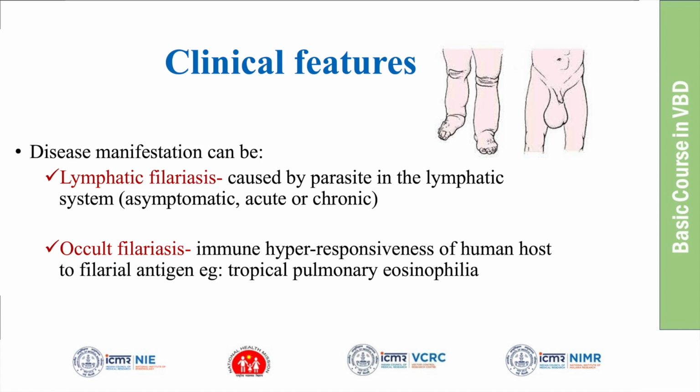Because of the parasite as such, the manifestation is called lymphatic filariasis. This can present itself as asymptomatic, acute, or chronic presentation. The other one is called occult filariasis, which is basically due to immune hyperresponsiveness of the human host to the filarial antigen. The most common example is tropical pulmonary eosinophilia.